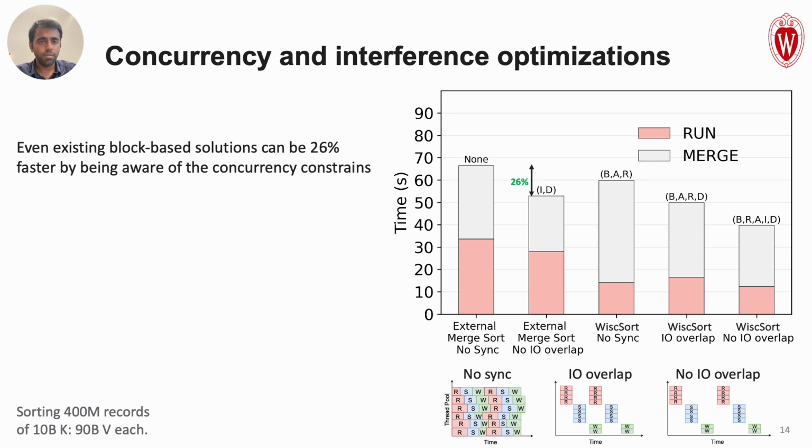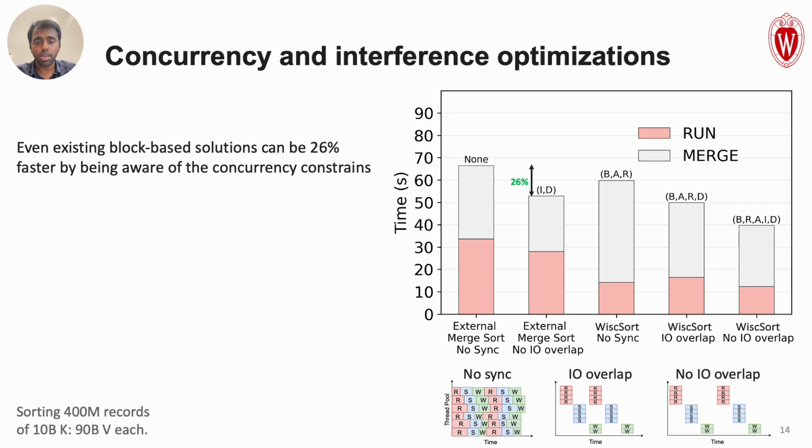In this graph, on the y-axis, we can see the total execution time in seconds, and on the x-axis, we can observe external merge sort and WisSort with different concurrency strategies. The no-sync strategy issues reads, sorts, and writes independently, thus not being aware of interference or the device constraint concurrency.